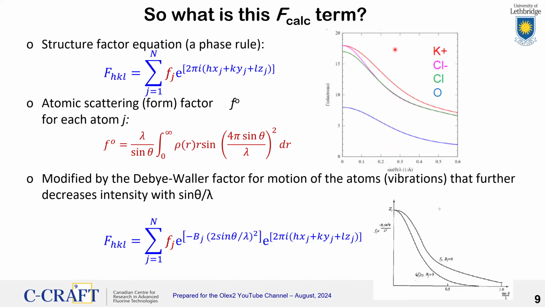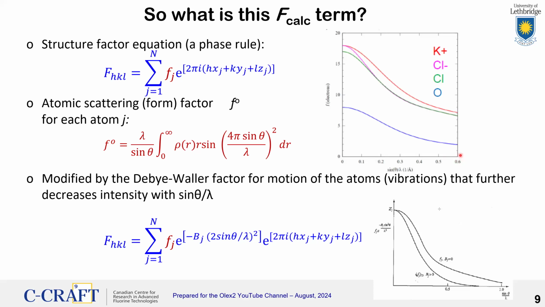And during that directional scattering, it is partially reabsorbed, and that's why it loses its intensity. So the higher you go in angles, the weaker it gets.